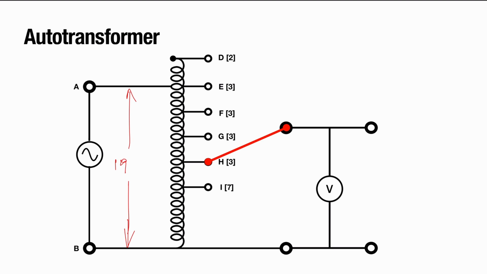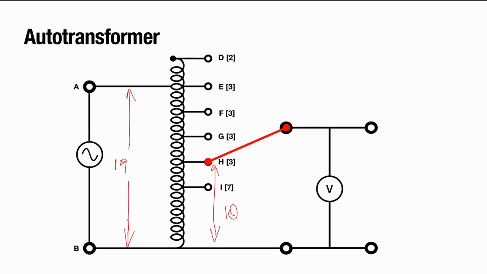But how many windings do we have on the secondary side? Well, the secondary side depends on where we have made our connection, where we have closed our circuit. Notice we've closed our circuit on this second tap, the H tap. I've designated this tap with letter H. How many windings are on this side of the circuit? Well, it's 7 plus 3. So in this particular case, we have 10 windings on the secondary side.